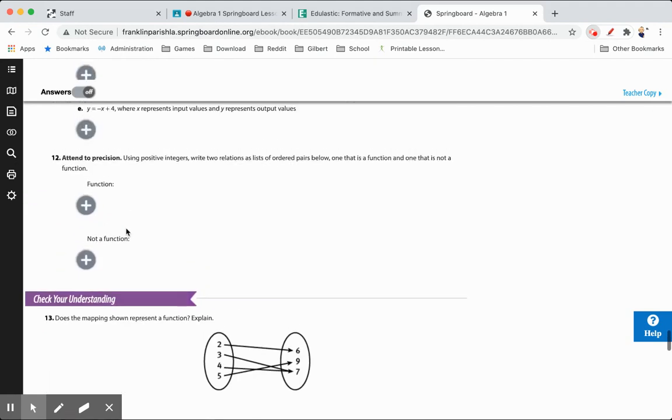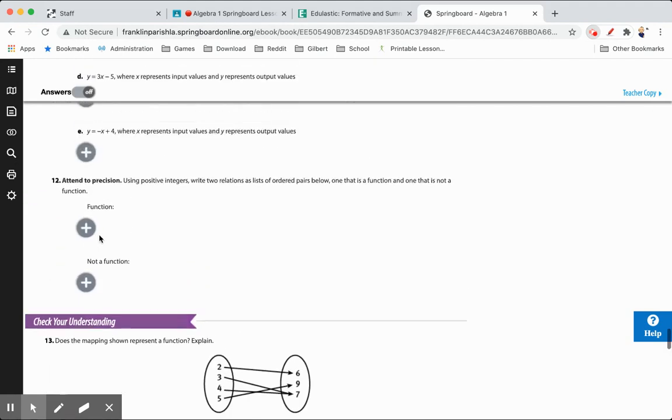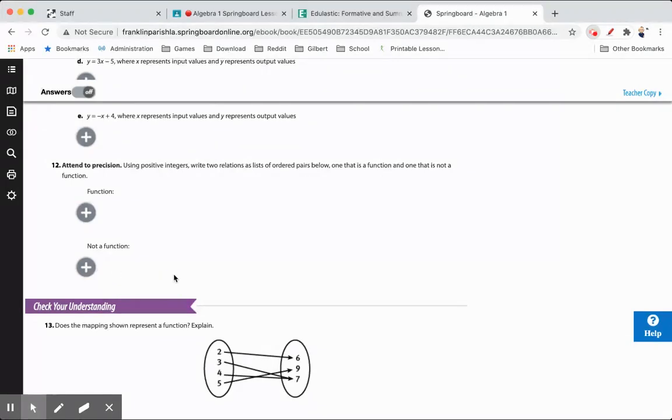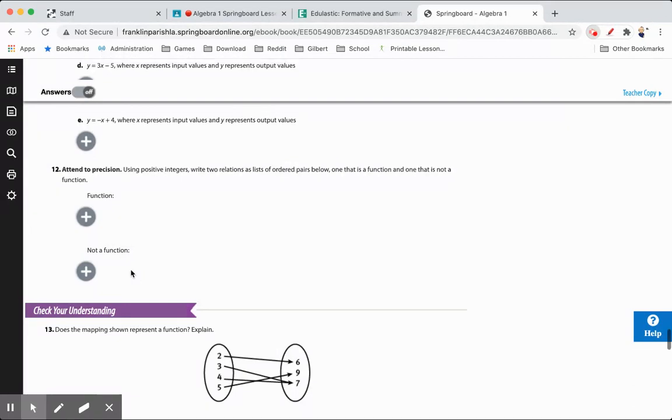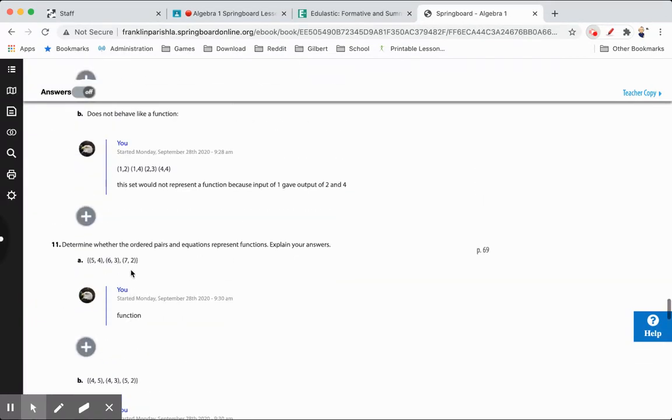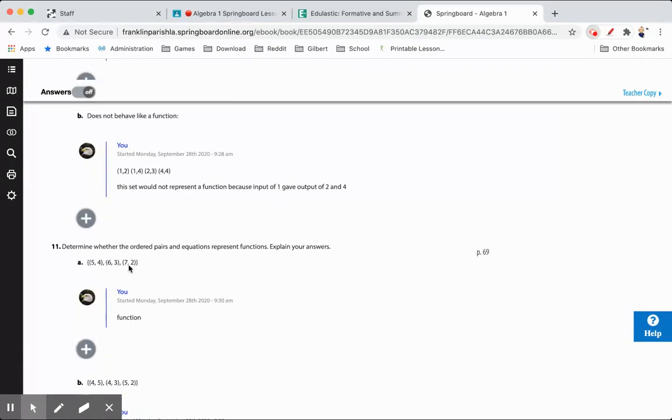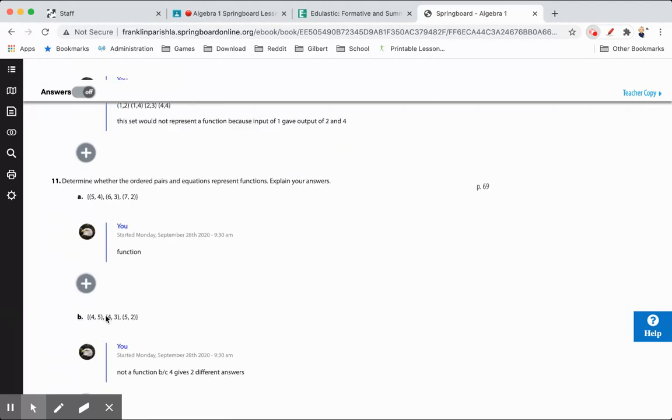So that's all this wants on number 12. Writing a list of ordered pairs that is a function means each one gives you one answer, and one list of ordered pairs that is not a function, where some of them might give you a different answer. At least one set of numbers, you put it in the first spot, I mean the input spot, and it would give you a different number at the output spot.